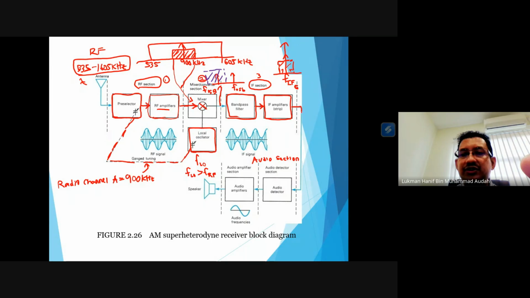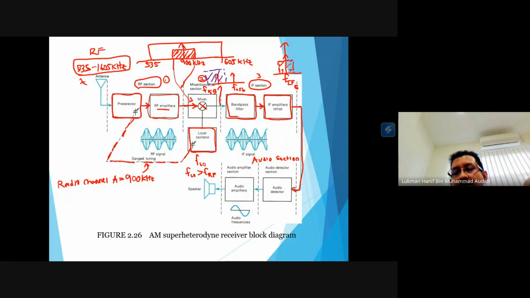Then we pass through the last section, which is the audio section. In the audio section, we will do the process of demodulation. The audio detector will do the demodulation.